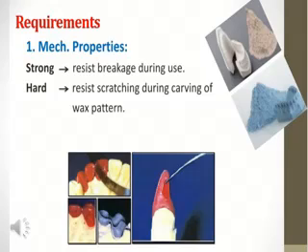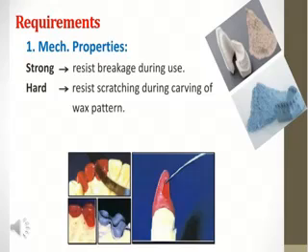Okay, so if this instrument accidentally scratches the die, this will make the wax included inside these scratches, and then the final restoration will have elevations representing the areas where wax was included inside the gypsum or the die.